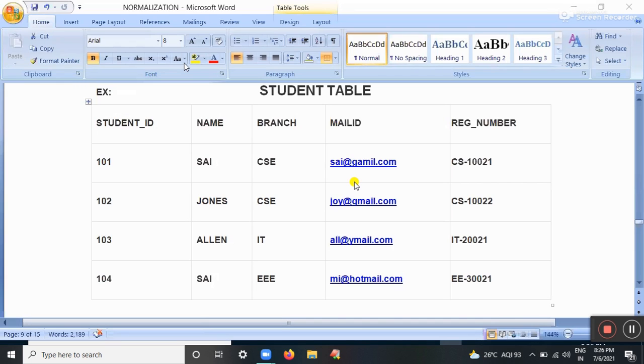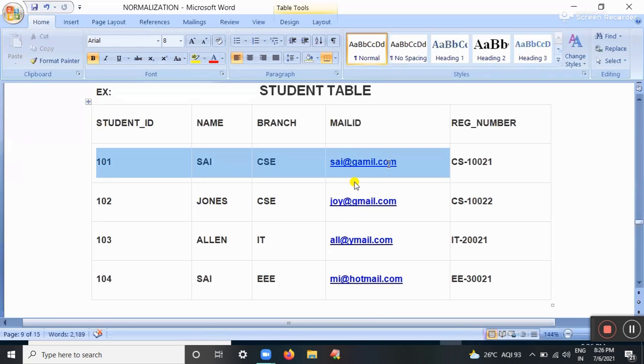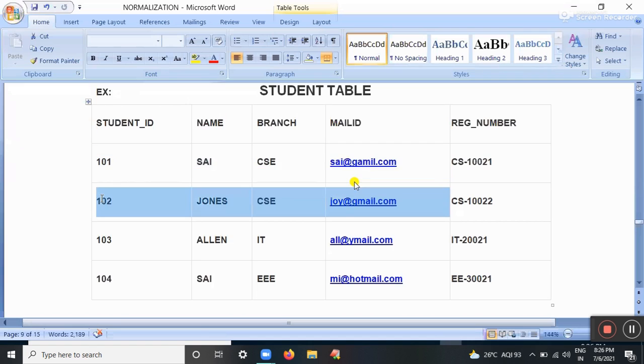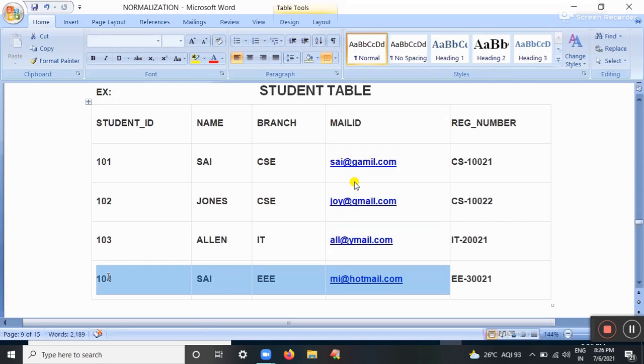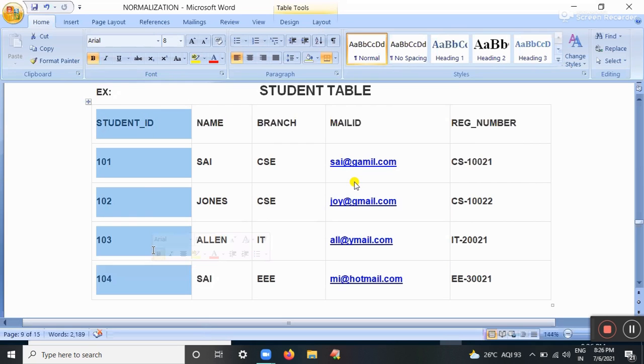Every row is identified with a unique number, so it is satisfied.